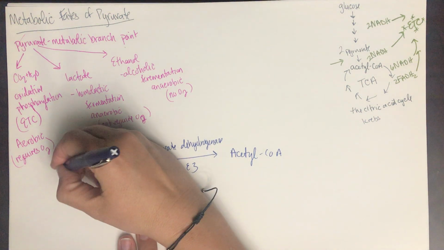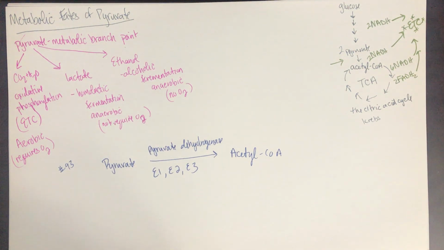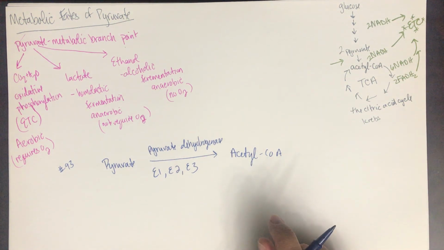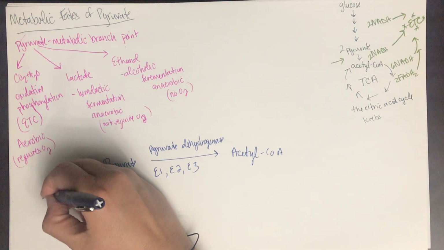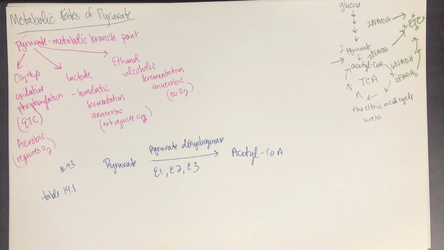This is on slide number 93. I'm not going to try to draw it because it's all drawn out and shown nicely in your PowerPoint slides. But it shows what is happening and the role of each of these enzymes in the transformation of pyruvate to acetyl-CoA. This is also table 14.1 in your textbook. And it shows the role of the cofactor in each of these.